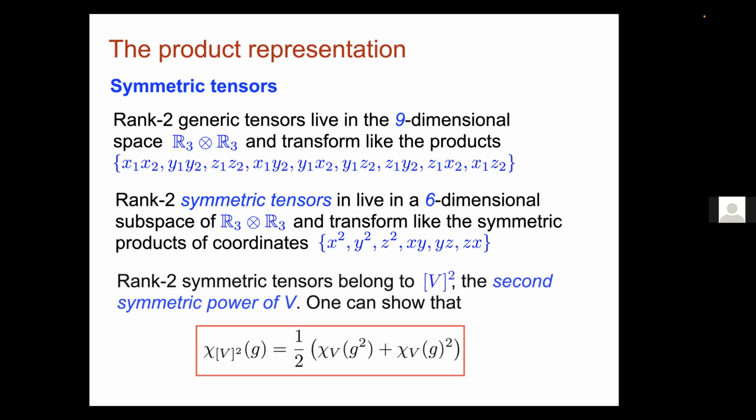Now, one can show, and in some books you can find this, I think this is probably done in Bradley. This is certainly done with all generality in the book by Lyubarsky. This is the formula that gives you the character of the symmetrized square of the vector representation, the second symmetric power of V. And the characters are given by this formula.